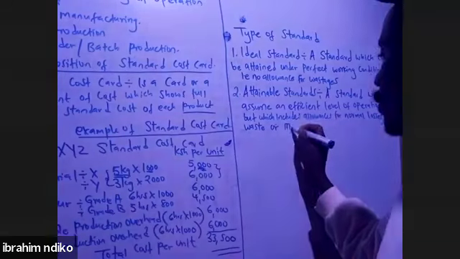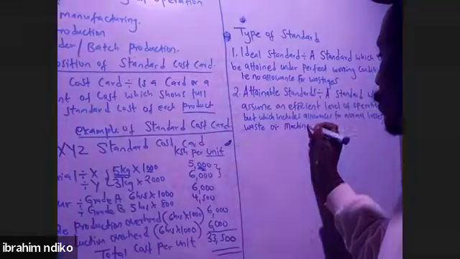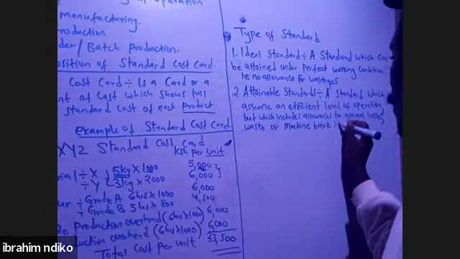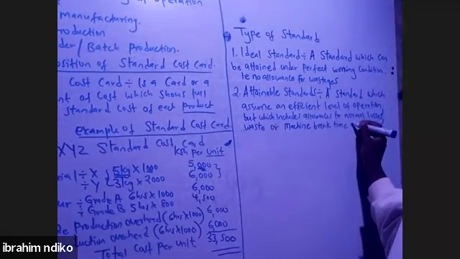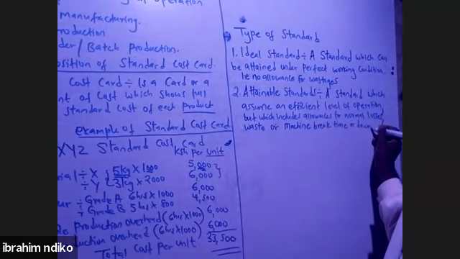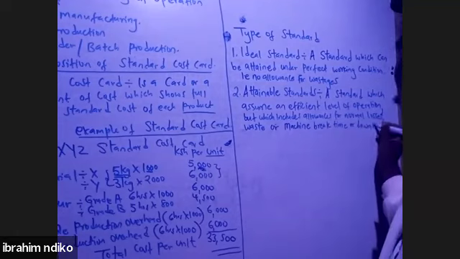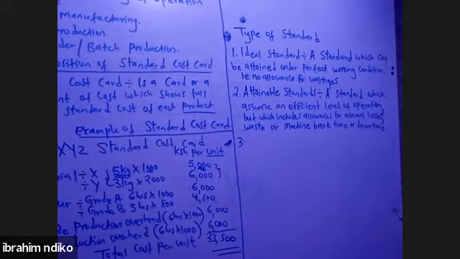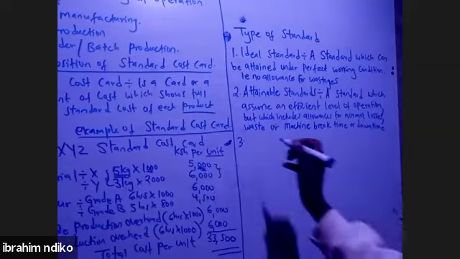So when we have a machine breakdown, the machine is not working. So machine breakdown time or downtime. Number 3, so that's attainable: it can be attained under efficient operation. Okay, so we go to the current standard.